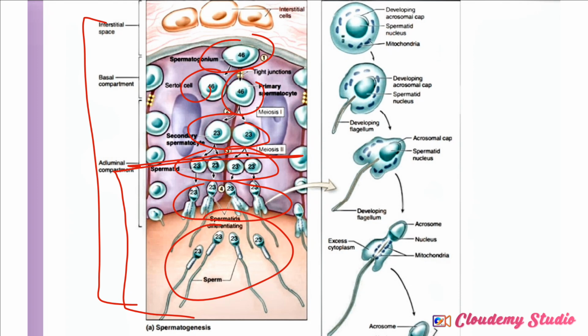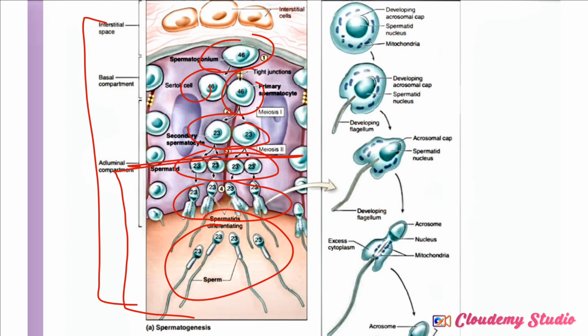These stages are the Golgi phase, the cap phase, the acrosome phase, and the maturation phase. So we have the Golgi, the cap, the acrosome, and the maturation phase.